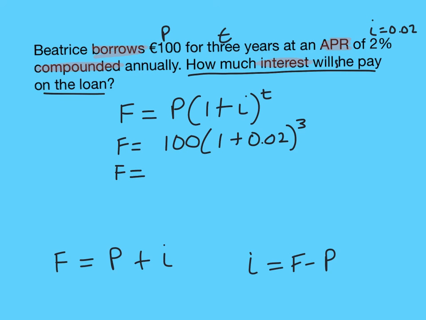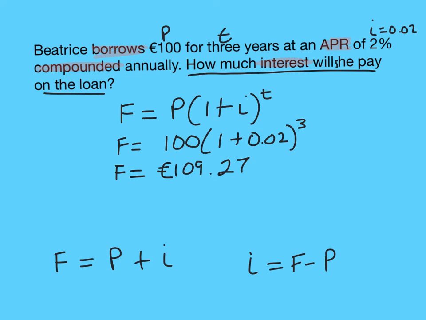So I get F equals, and I'm going to pop all that into the calculator, 100, bracket 1 plus 0.03, close my bracket, x to the power of a box, and I'm going to pop the 3 into the box. And what I'll get is 109.2727. So I'm just going to leave that at 109.27.